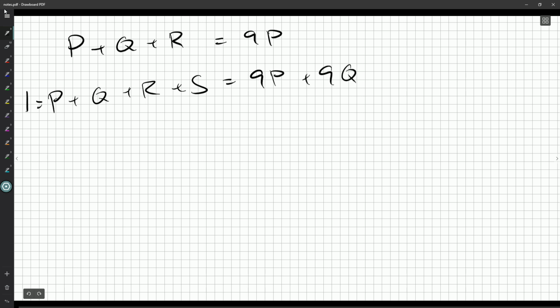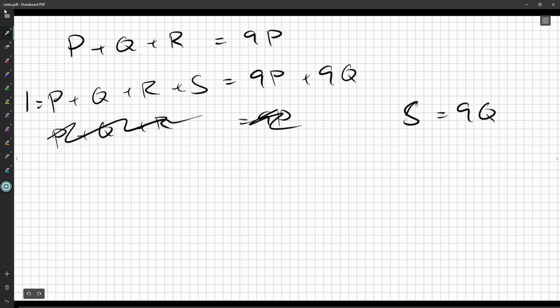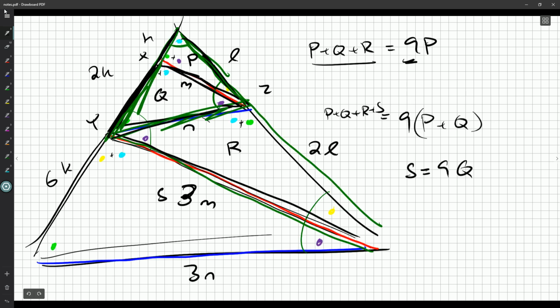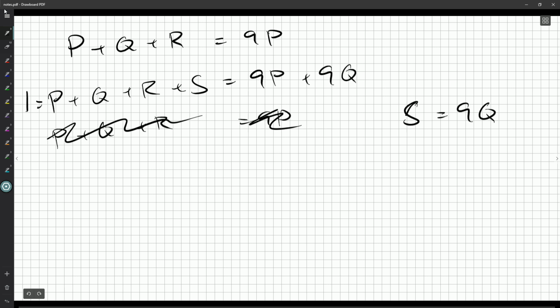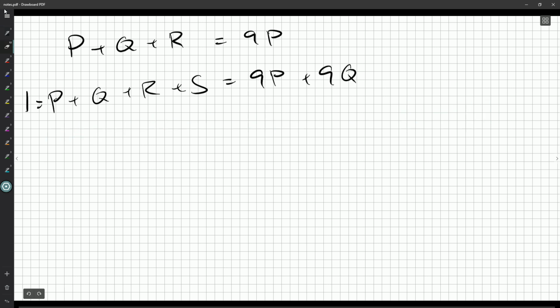Now, if I take this first equation and subtract it away from the second equation, we'll see that S is 9Q. But what else did we learn? Oh, no, we already knew S was 9Q. Okay, never mind. Let's see, what can we do here?